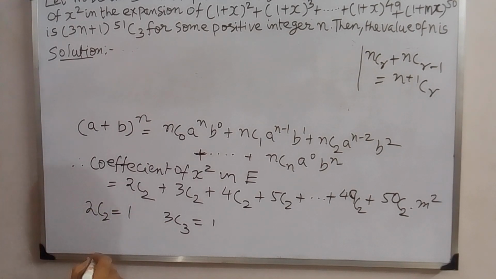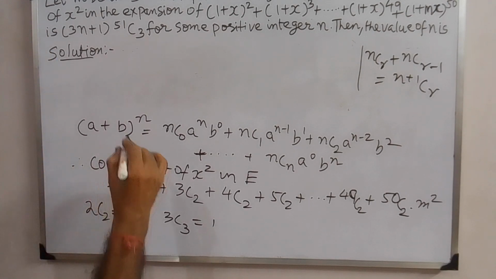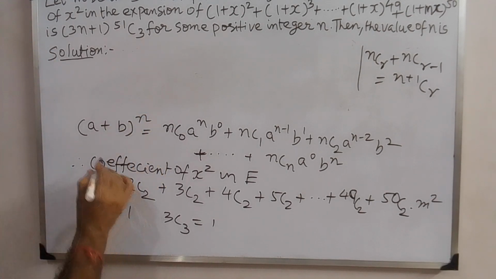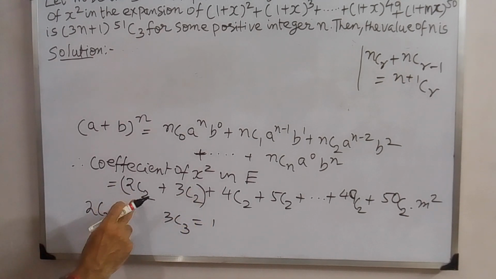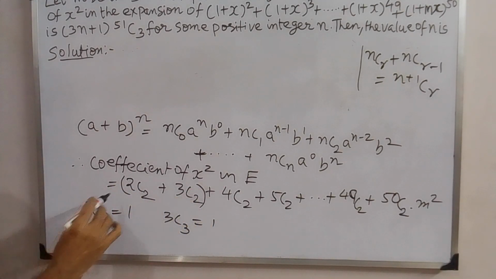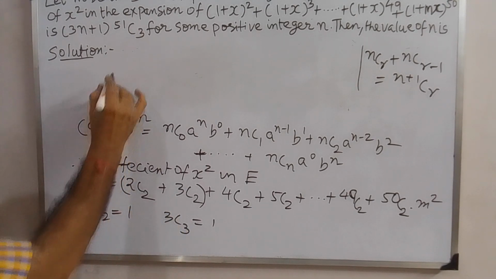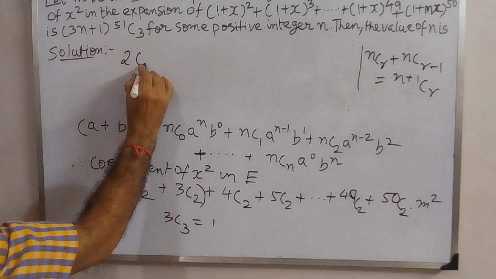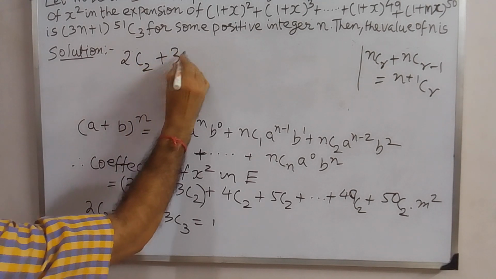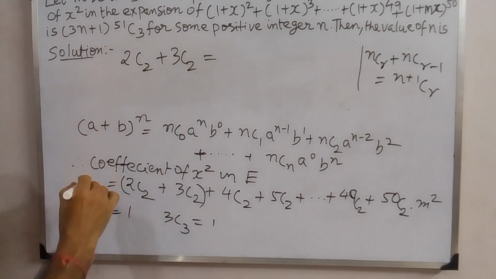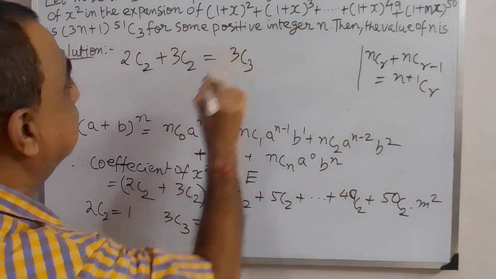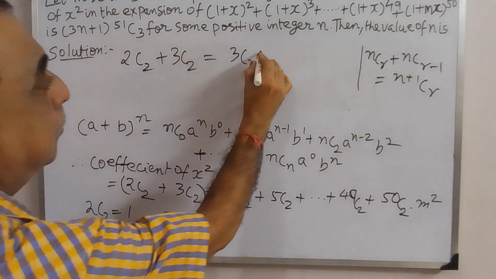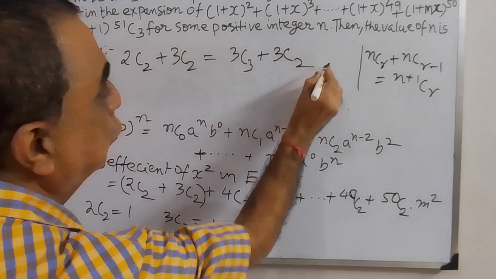Okay, so for this I am now finding the value: 2C2 plus 3C2. So for 2C2, I can write 3C3 because both the values are 1, plus 3C2.